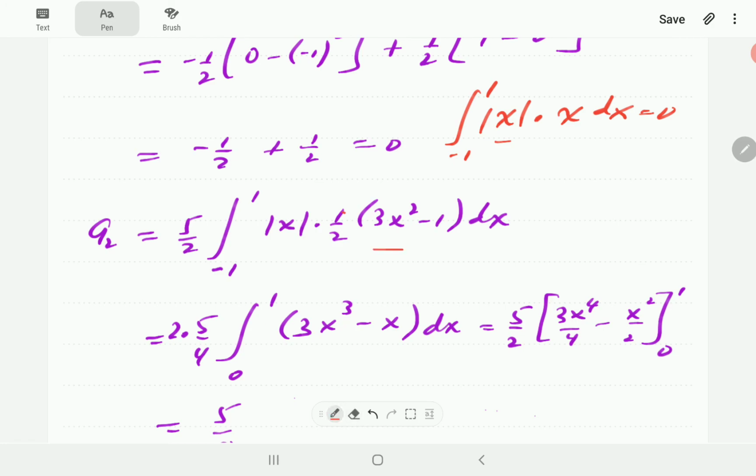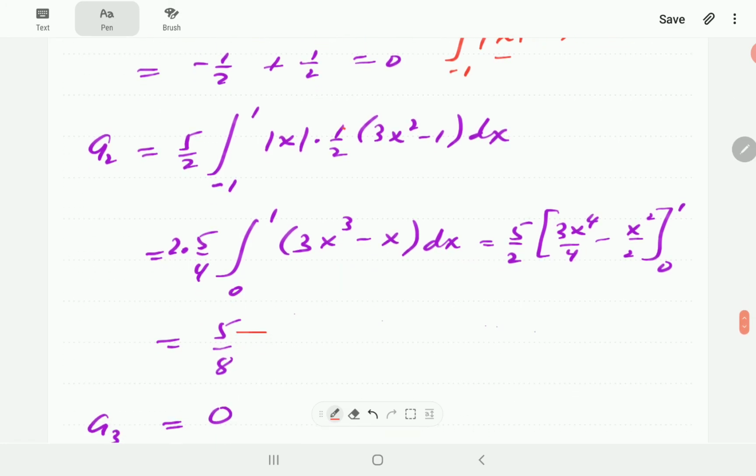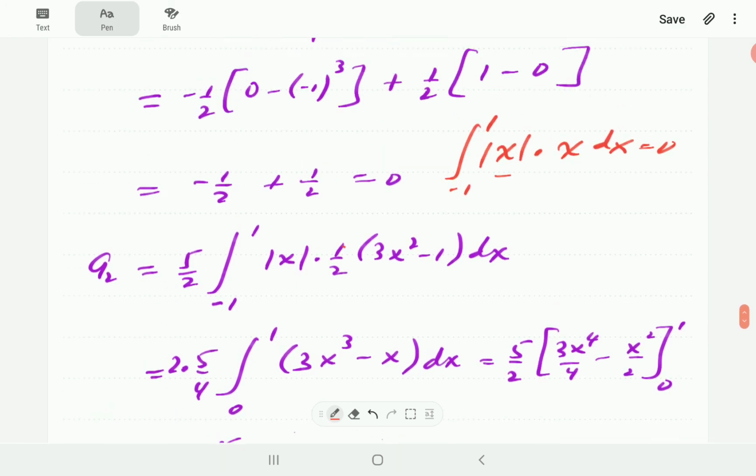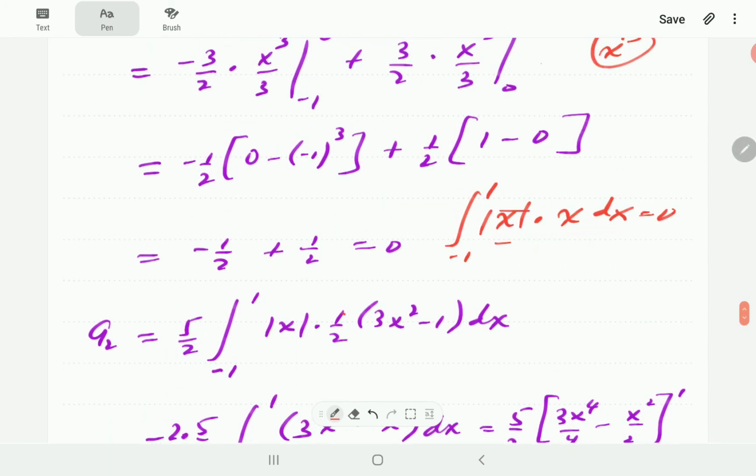All right, then we go to a2. In this case, this is an even function times an even function, which gives another even function. So we can simply integrate this from 0 to 1 multiplied by 2, in which case mod x is just going to be x. So integrating there and substituting accordingly gives us 5/8. a3 is also going to be 0 by the same argument.